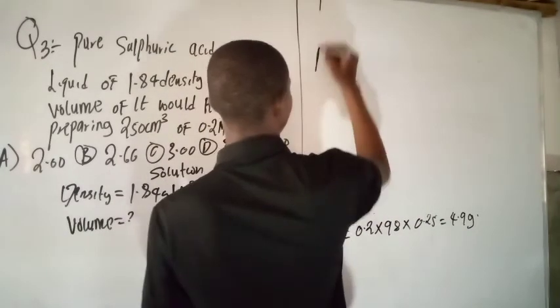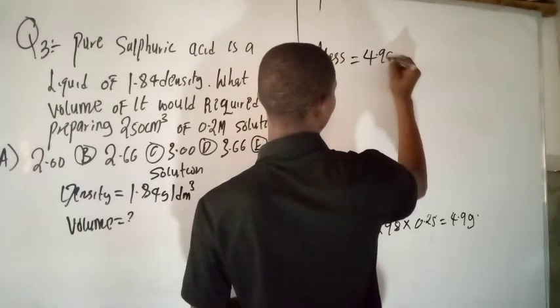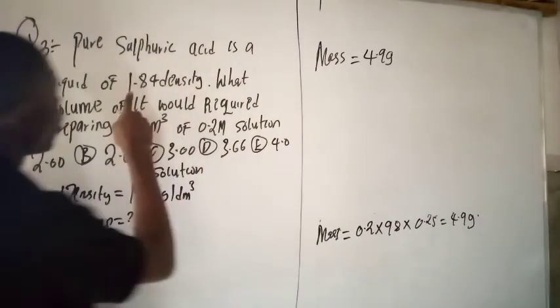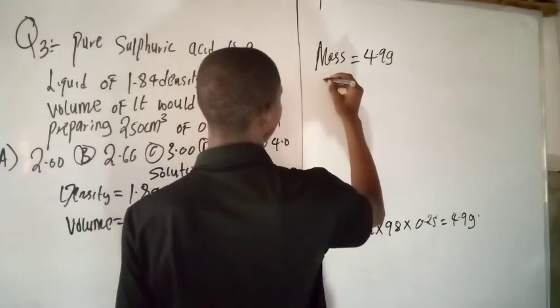So my mass is equal to 4.9 gram. Do you get that? Density, remember, is given to me to be 1.84 gram per dm cube.